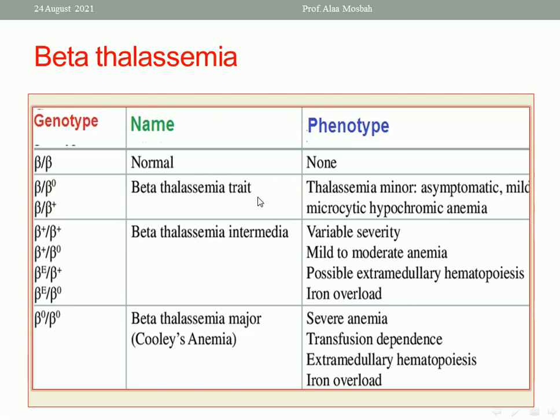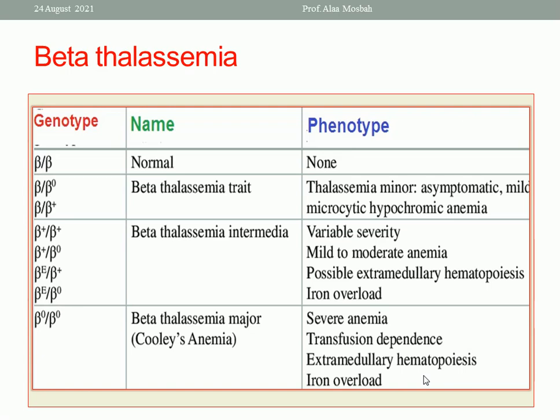In beta thalassemia trait, thalassemia minor, there may be no symptoms or mild microcytic hypochromic anemia. While in beta thalassemia intermedia, there is variable severity, mild to moderate anemia, possible extramedullary hematopoiesis, and iron overload, which is dangerous.